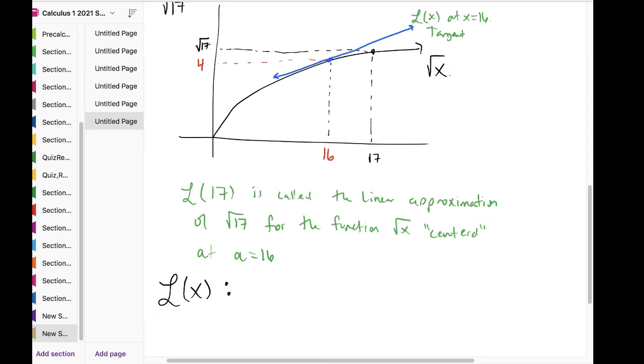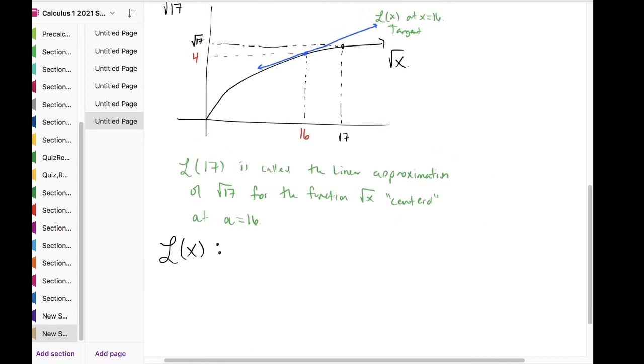How do you find the tangent line at a point? You need two things for a line. Yep, you need the slope, and you need a point.